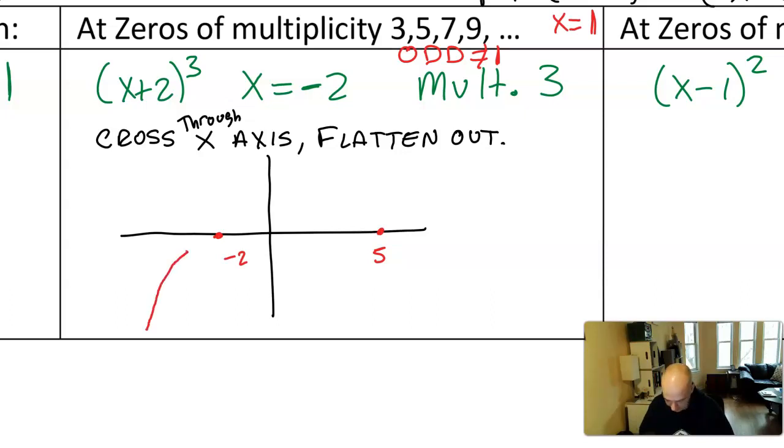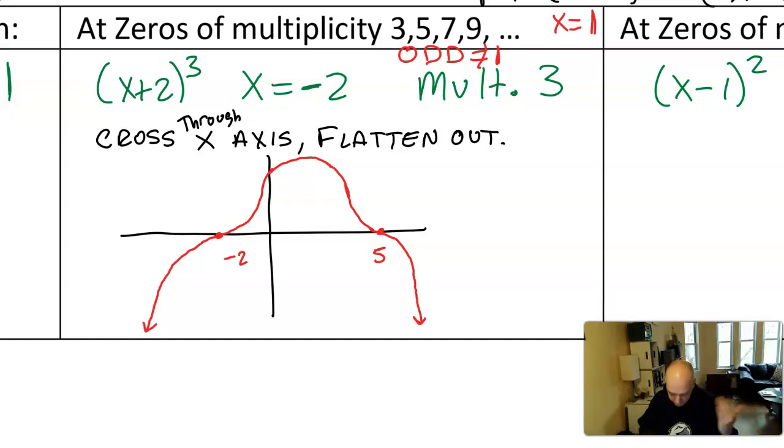It could come up from the top, but just in this example, it's going to come up from the bottom, cross through, but as it crosses, it kind of does a little wiggle, turns back up, begins increasing again, and then it's going to have to turn around, come in, get closer and closer to that 5, and as it approaches the 5, it's also going to kind of flatten out like this.